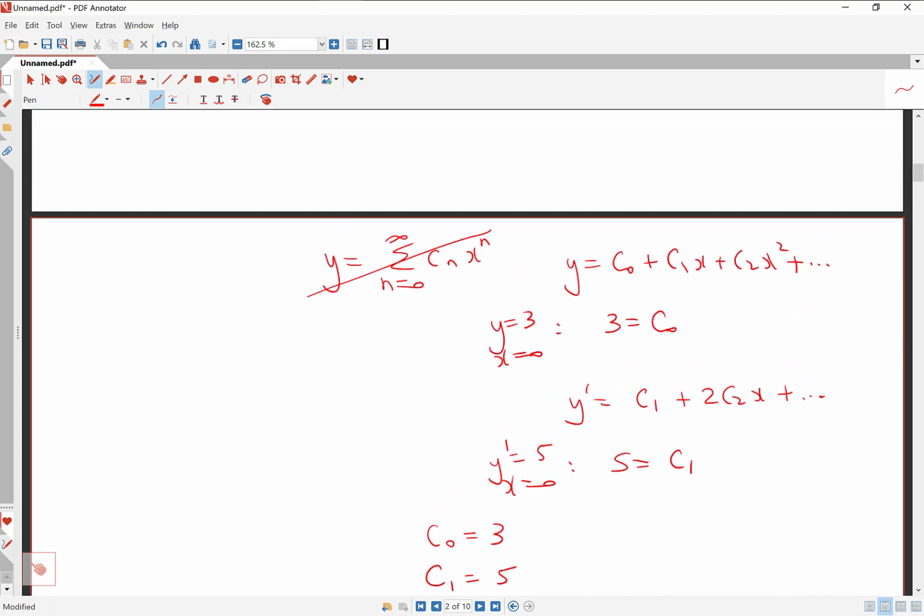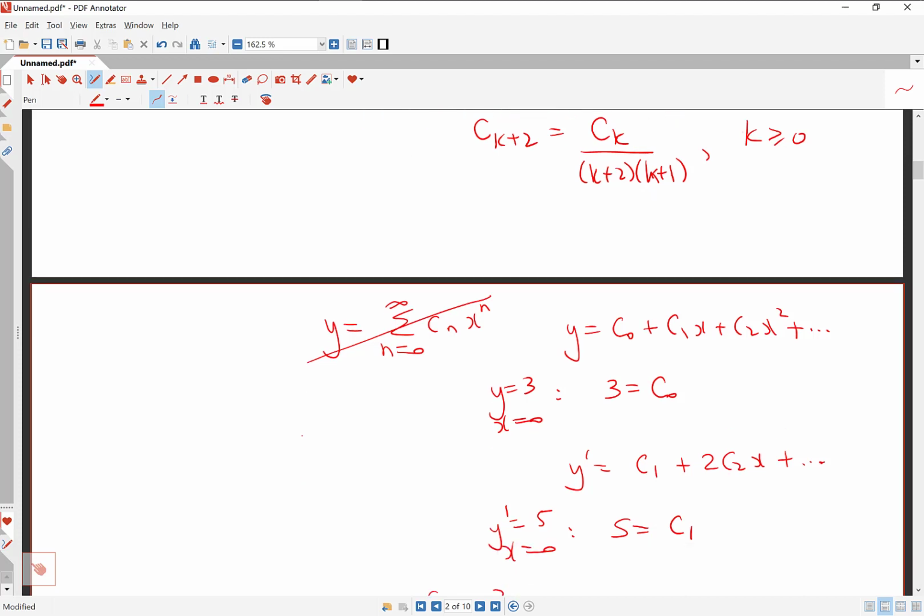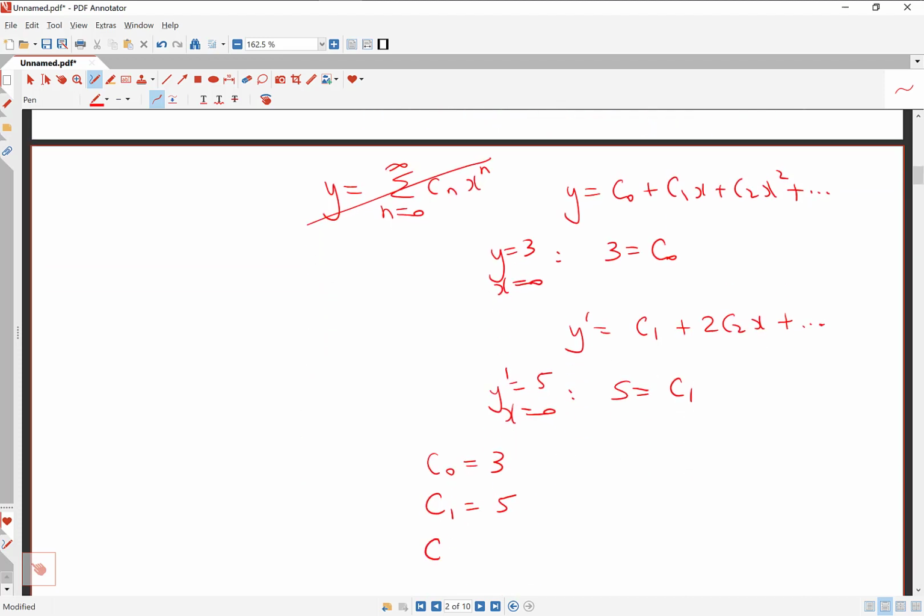So let's just scroll back for a second. Recall this formula here that applies as soon as k is equal to 0, 1, 2, 3, etc. I'll write down that equation. That's called the recurrence relation. The recurrence relation that helps us generate the future coefficients is that c_{k+2} is equal to c_k divided by (k+2)(k+1).